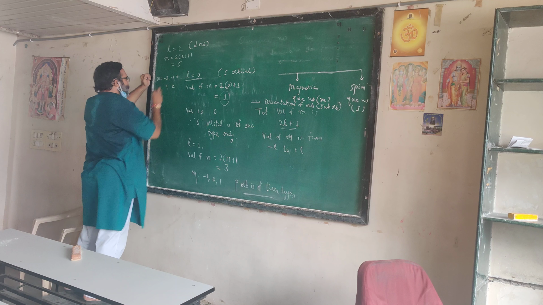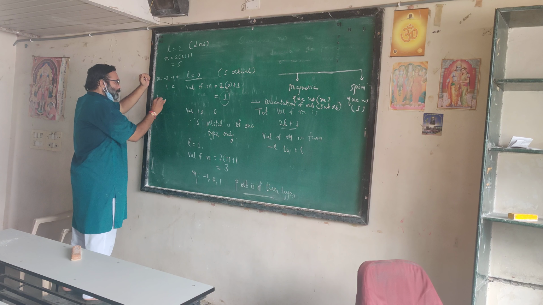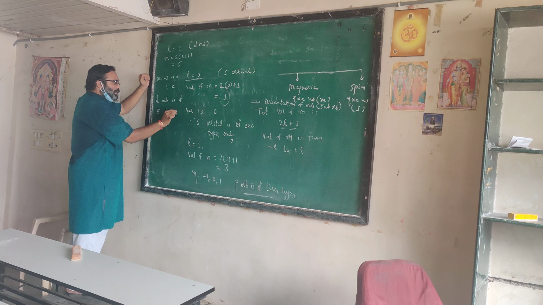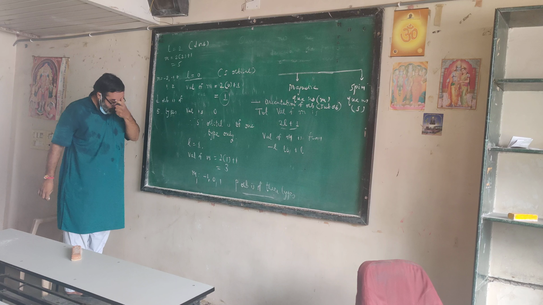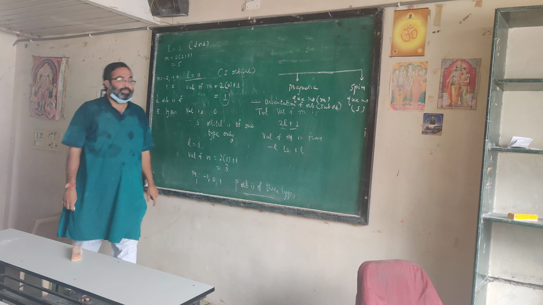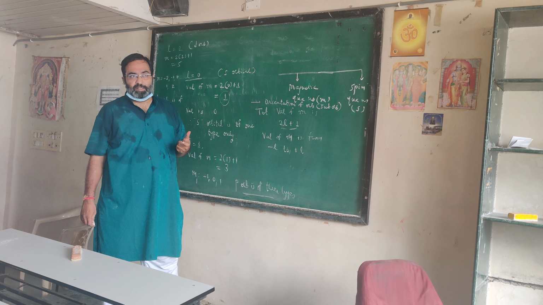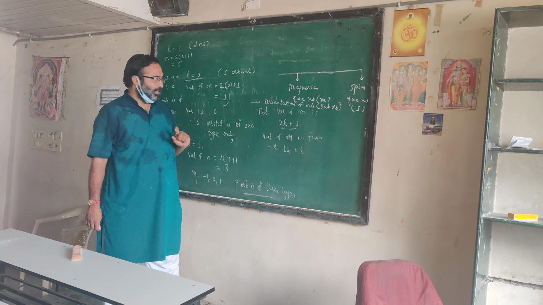So the d orbital is of 5 types, and 5 suborbitals are there. So what can we conclude from this? From m we can conclude the type of suborbitals, or the number of that type of orbital.